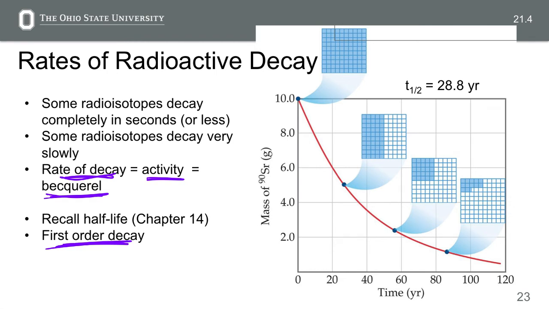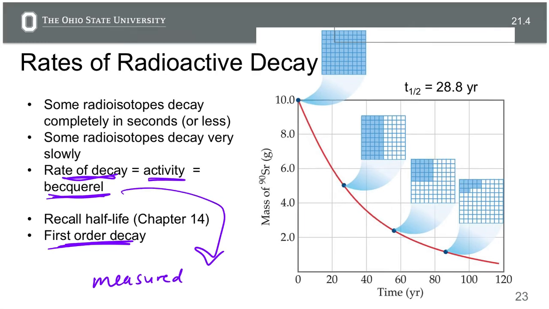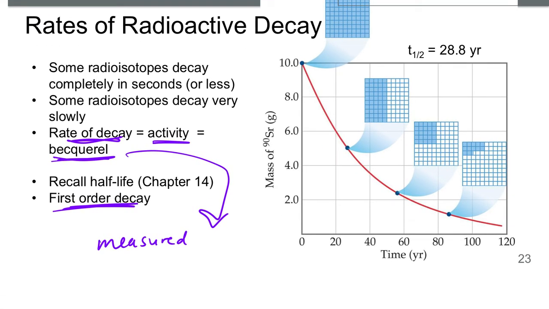And this is also given a special unit. Anyone know what the unit is of rate of decay for radioactive elements? Named after another famous scientist. It's measured in curies, abbreviated Ci in this case.